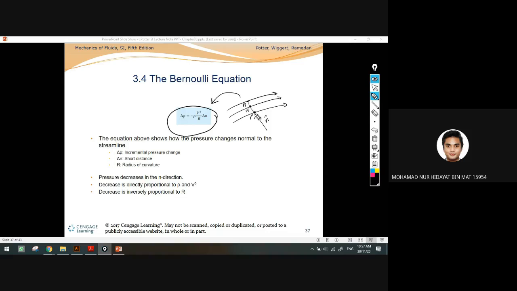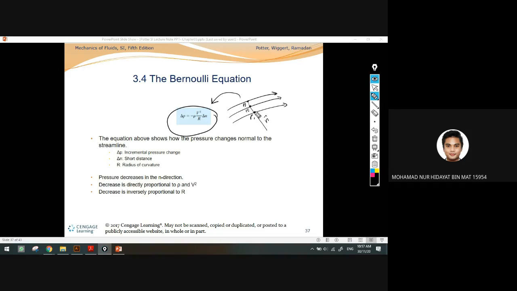So they propose the equation above, which shows how the pressure changes normal to the streamline. This is normal, the pressure at 1 will be different from the pressure at 2. So you can see that the change in pressure is negative. Negative means decreasing. So for an incremental pressure change over a short distance, the pressure decreases in the n direction.